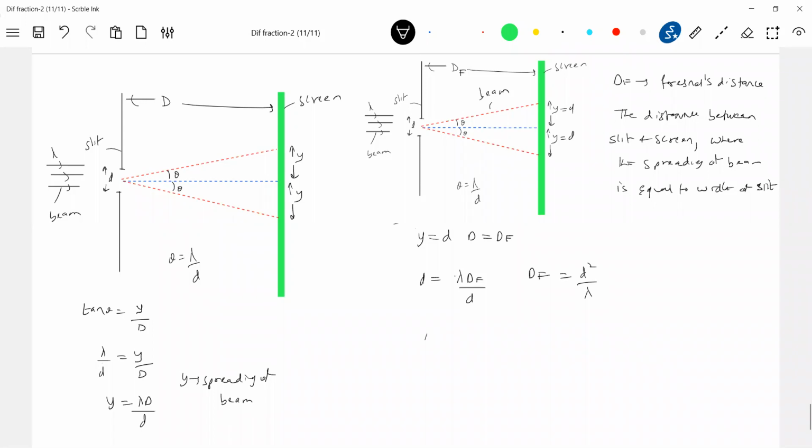If D is the distance between slit and screen, if D is less than DF, the broadening of the beam is negligible due to diffraction.